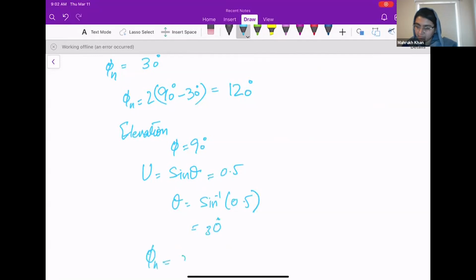And your phi h will be 120 degrees. So for both azimuth and elevation, you will have the same half power beamwidth, but it's not the case for all of them. I think for E it's also the same, but for C or B it's not the same because it has sine theta different than sine square phi. But in both cases, you will put theta or phi where you are getting the value as a maximum.